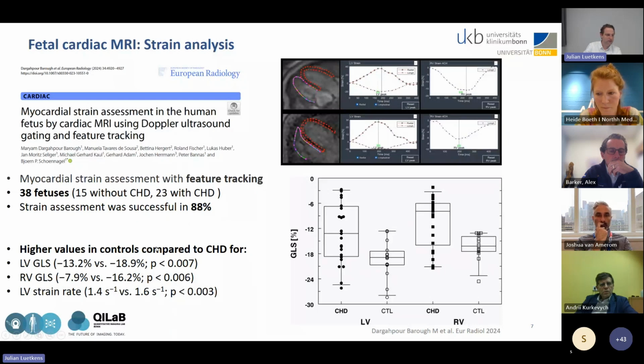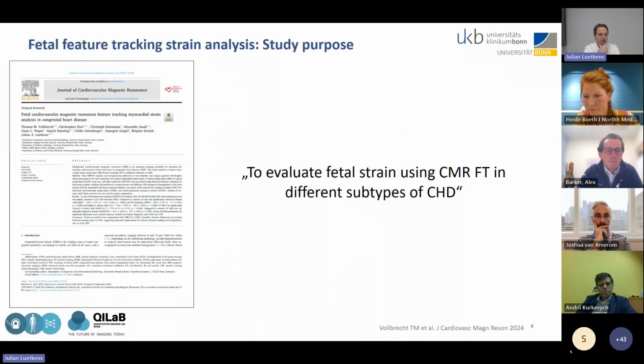They found higher values of strain in controls compared to congenital heart disease, for example in left ventricular global longitudinal strain, in right ventricular global longitudinal strain, and also in strain rate. Interestingly, the normal strain value in this paper was also around minus 19%.